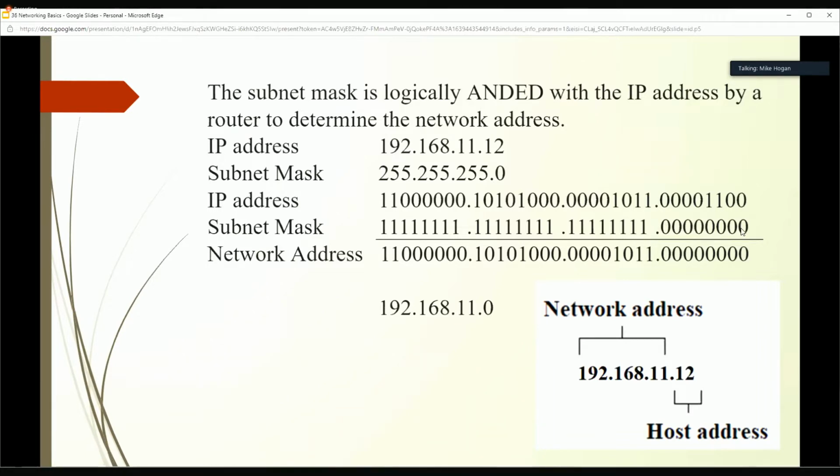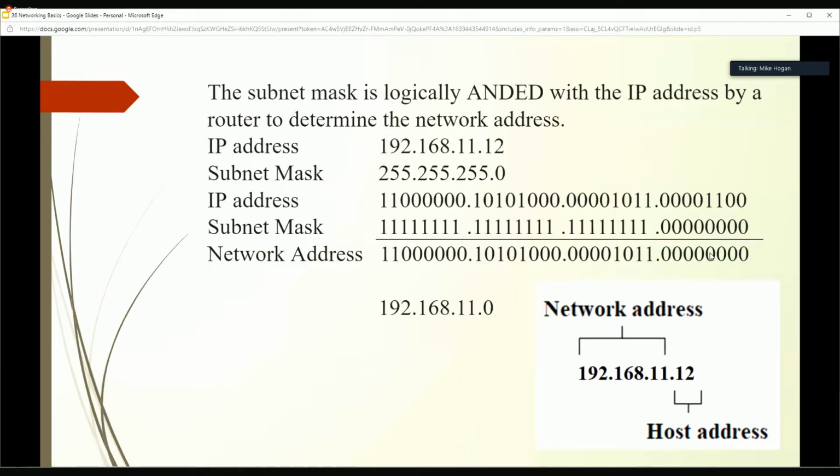And all this does is it allows all the bits that are ANDed with ones to just fall through, and I get the exact same thing. And then everything that's ANDed with zeros, I'm going to get 0.